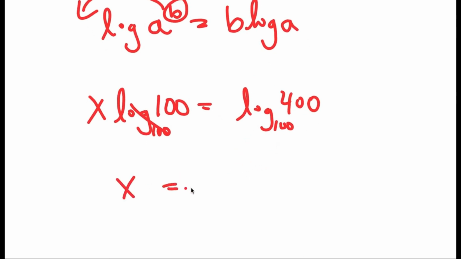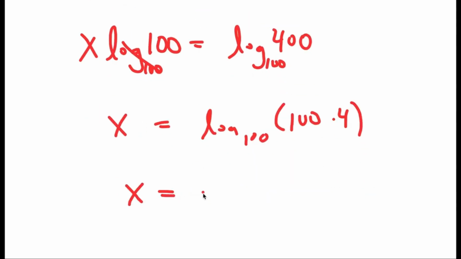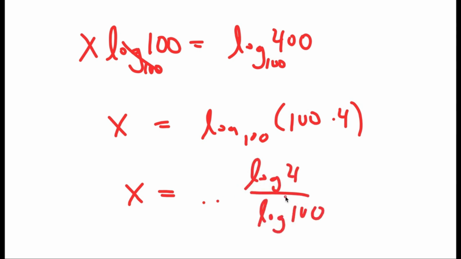So I can rewrite this as log base 100 of 100 times 4, which is equal to log of 4 over log of 100, and I have 1 plus this because of this.